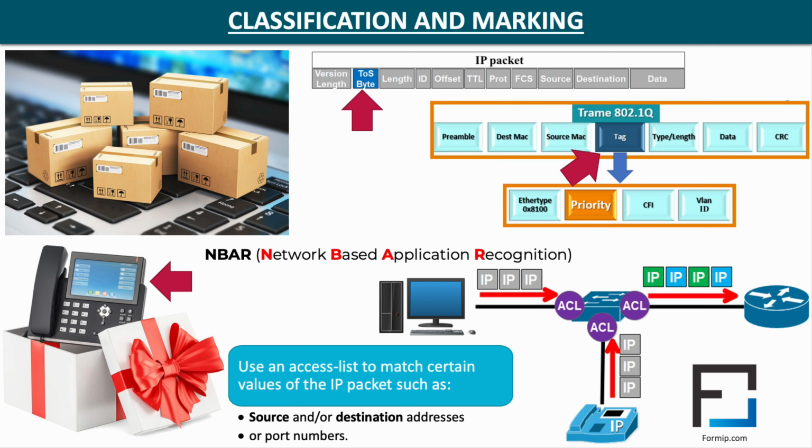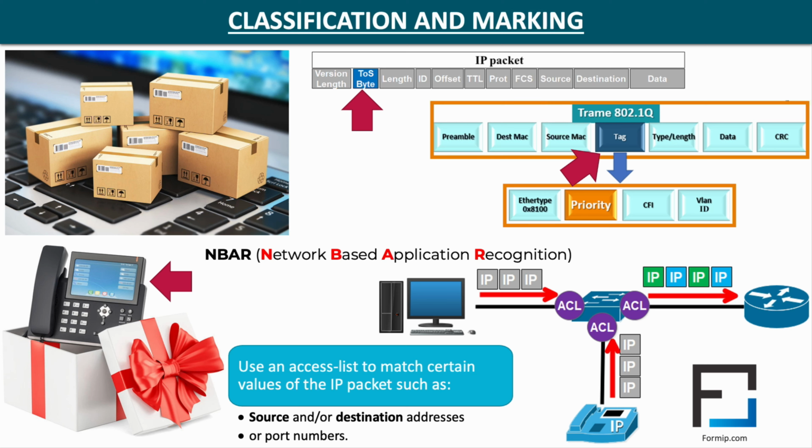It is preferable to use marking instead, because the classification, which is done using access lists, can become quite complex and degrade the performance of the router or switch that does this classification. On the topology, the router receives marked packets, so it does not have to perform complex classification using access lists, as the switch does.